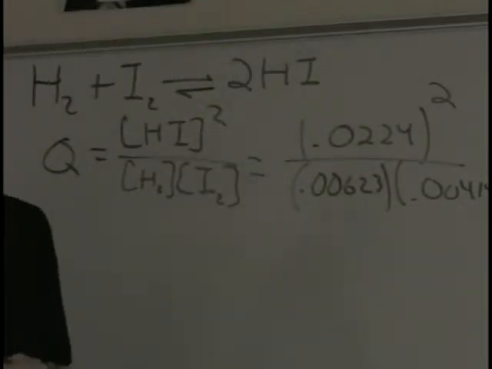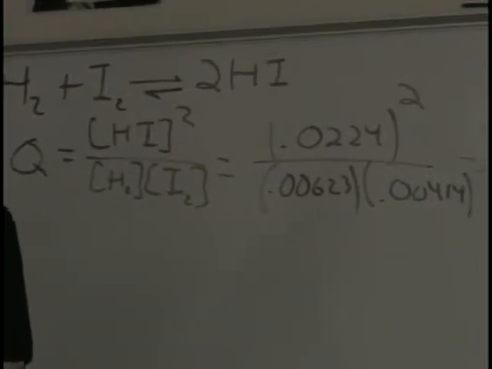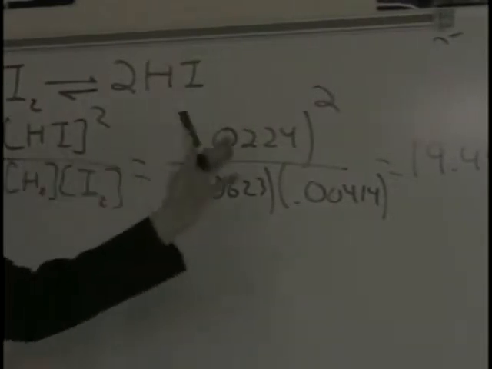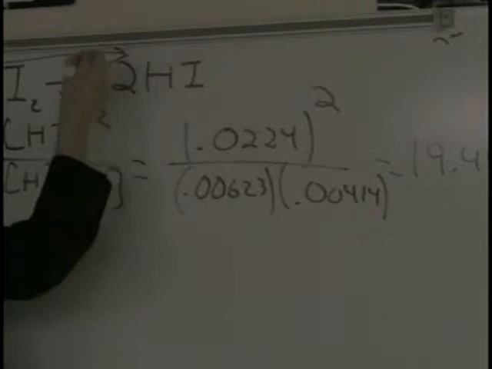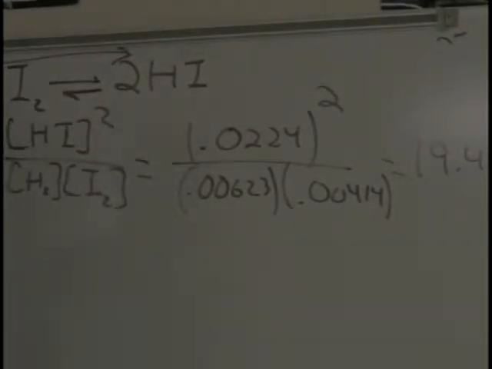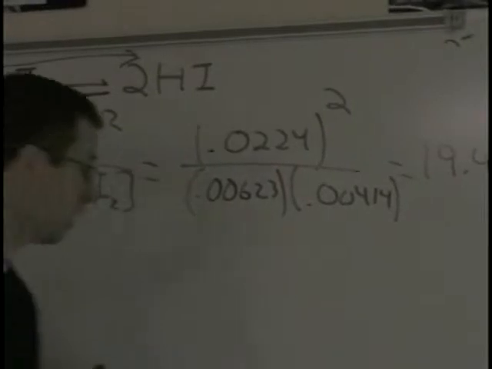If the Q value, in this case, is less than the K value, the reaction must go left to right. So sometimes I draw an arrow up above to show which direction the reaction is going to go. So this is the direction of the reaction. Step one in this calculation is figure out which way is it going by solving for Q.